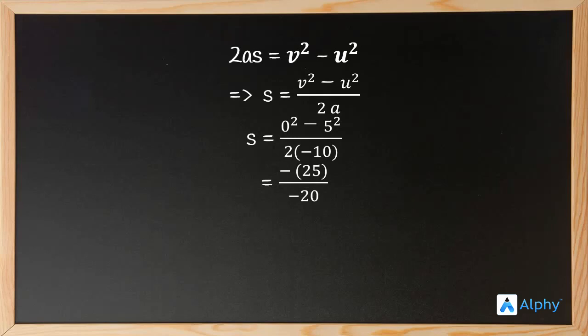When you have v as 0, you'll have 0 minus 5 square, correct? Here that square is only for 5, not the minus. Minus is out of this entire thing, correct? So don't square off that negative symbol and be like, okay, minus into minus is plus, and make the numerator positive. If you did that by mistake, again your distance will come with a negative symbol, and again you will know that you have gone wrong, because distance does not consider any direction.